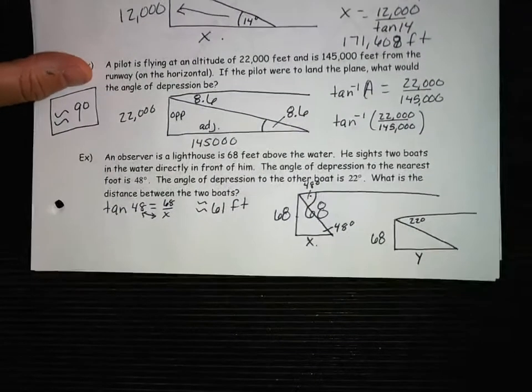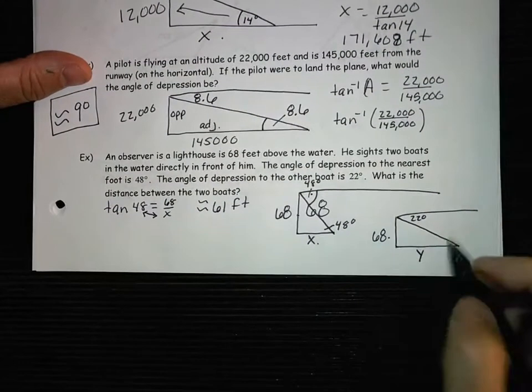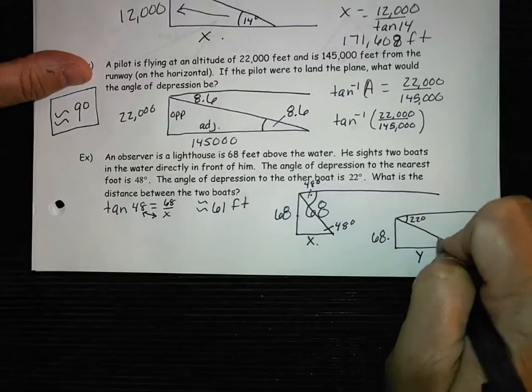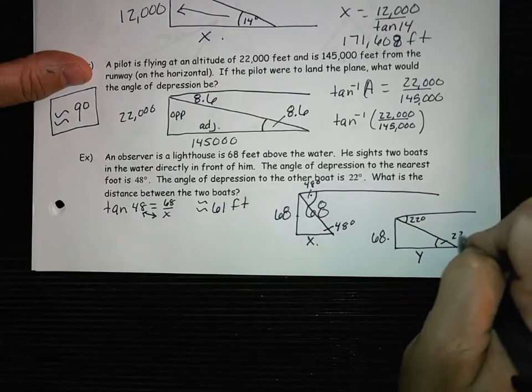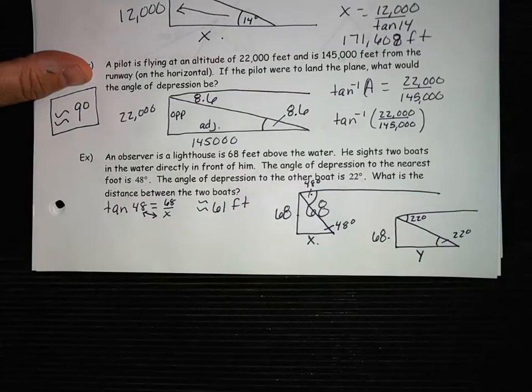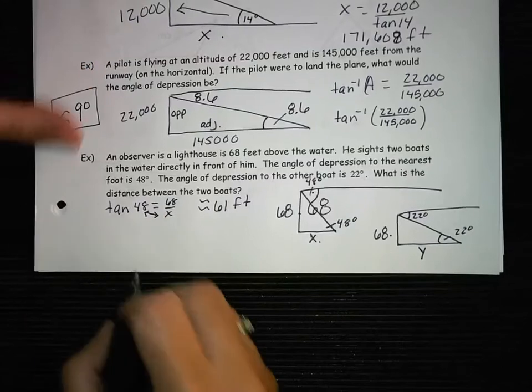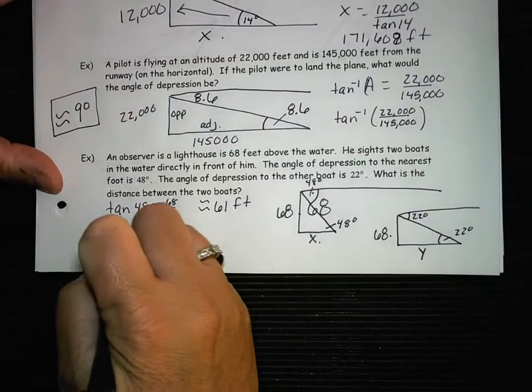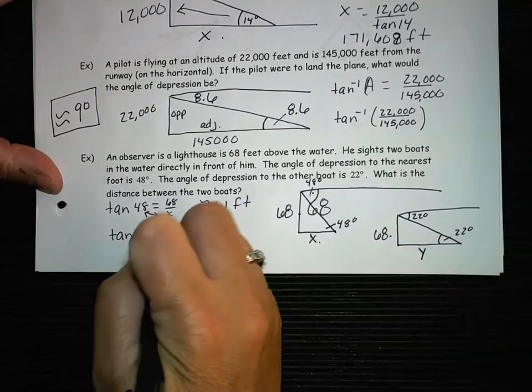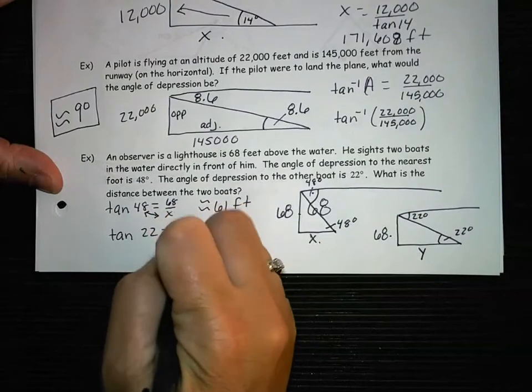Now our second boat, 68 feet high, this angle is 22 degrees, then this angle is also 22 degrees. So we will have the tangent of 22 equals 68 over y.